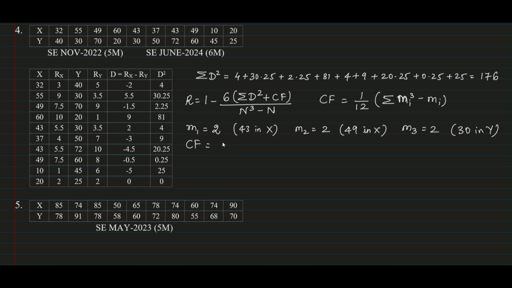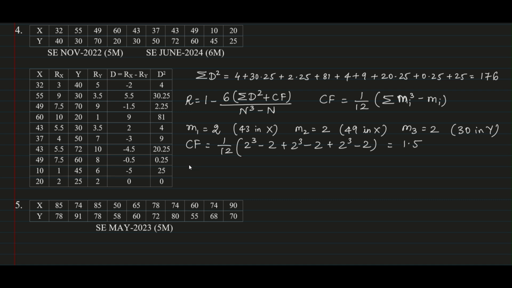Now Cf is calculated as 1 upon 12 times 2 cube minus 2 plus 2 cube minus 2 plus 2 cube minus 2. That is 6 plus 6 plus 6, that is 18 by 12, which is 1.5.